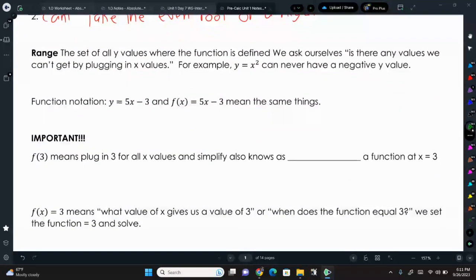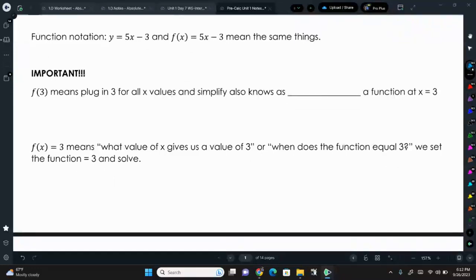Now, function notation, a lot of you are familiar with that. y equals 5x minus 3 and f of x equals 5x minus 3 mean the same thing. We can have g of x, s of x, t of x. They all mean the same thing.